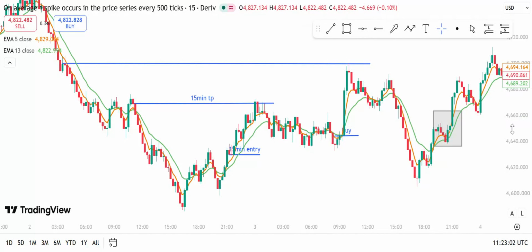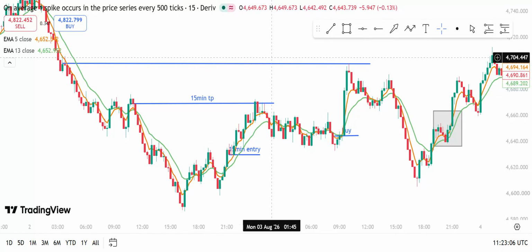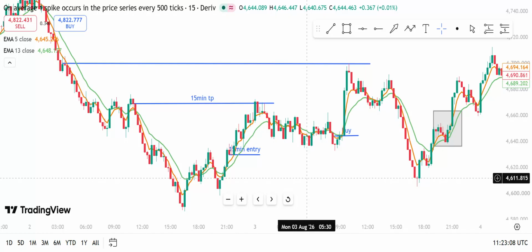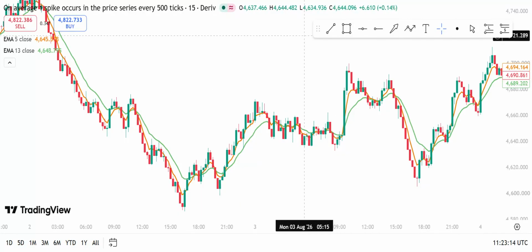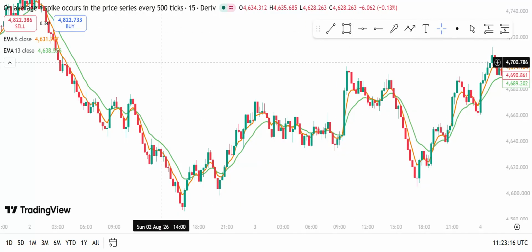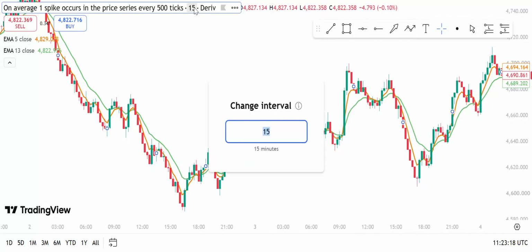And then let's see if I can find a sell example. Let's go back. Let me remove these things. Remove 7 drawings. Let's see if I can find a sell in the same pair.